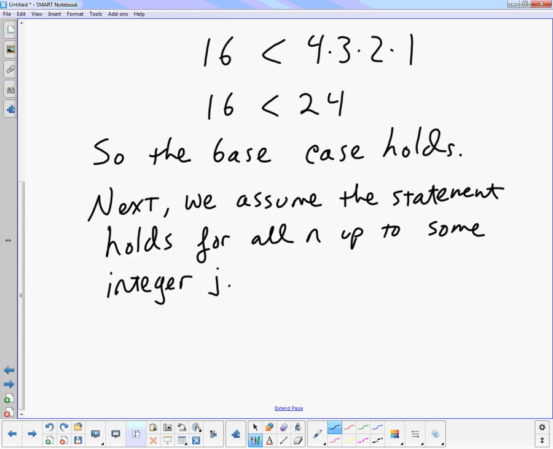So it works for every number, every integer up to j. And now we need to prove that it's true for the j plus 1 case.